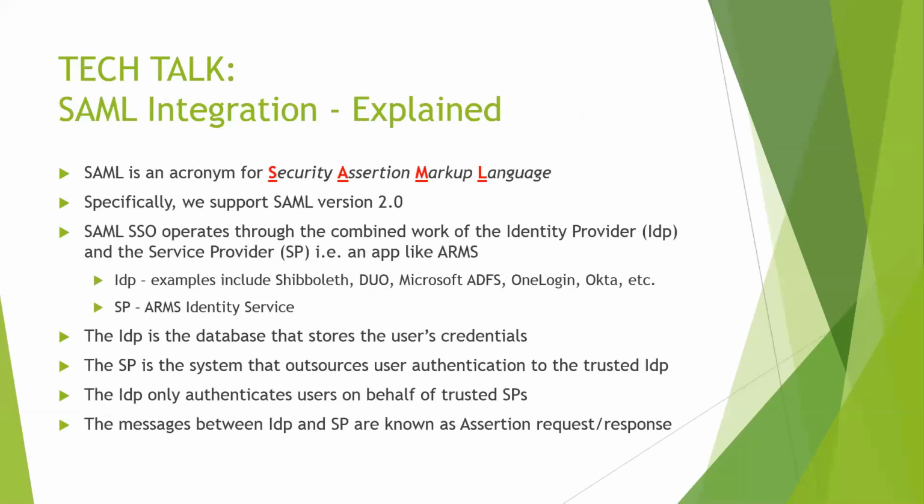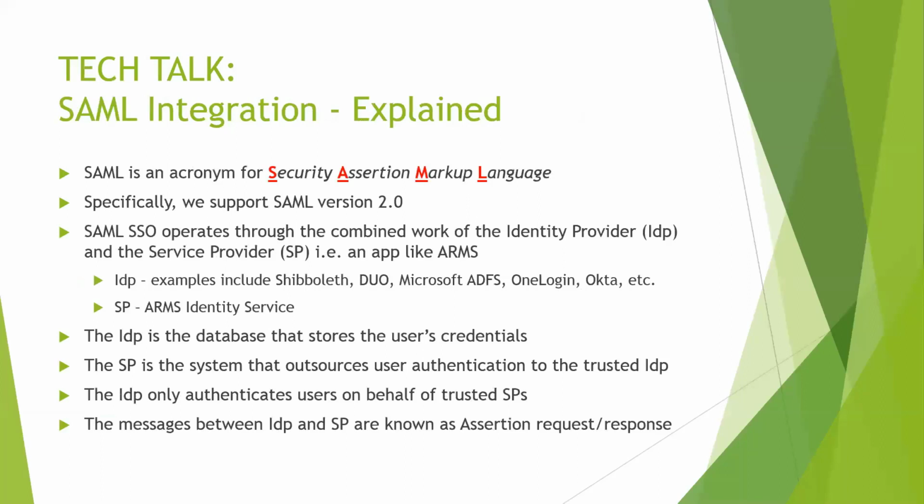SAML SSO operates through the combined work of an identity provider and a service provider, i.e. an app like ARMS. The IDP, identity provider, is your database that contains all the usernames and passwords.